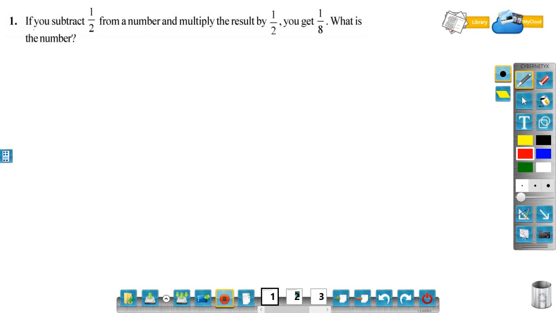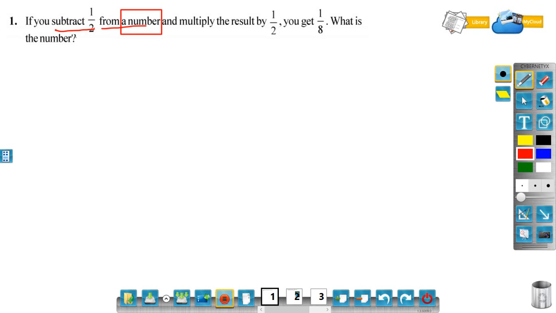Now see here, if you subtract half from a number, and multiply the result by half, you get 1 by 8. Do we know what the number is? We don't know the number.